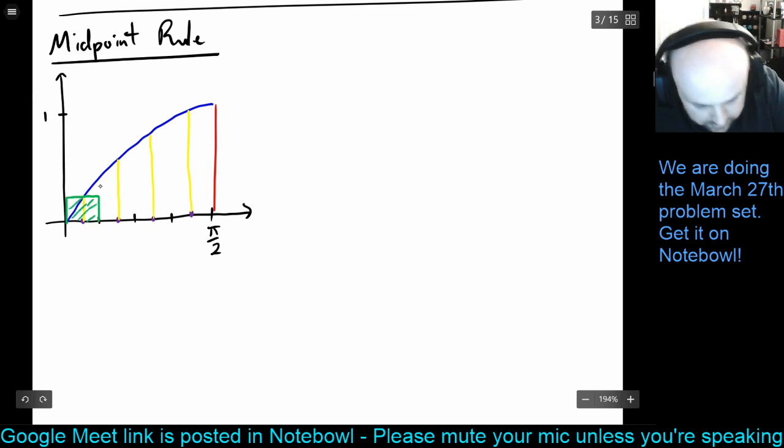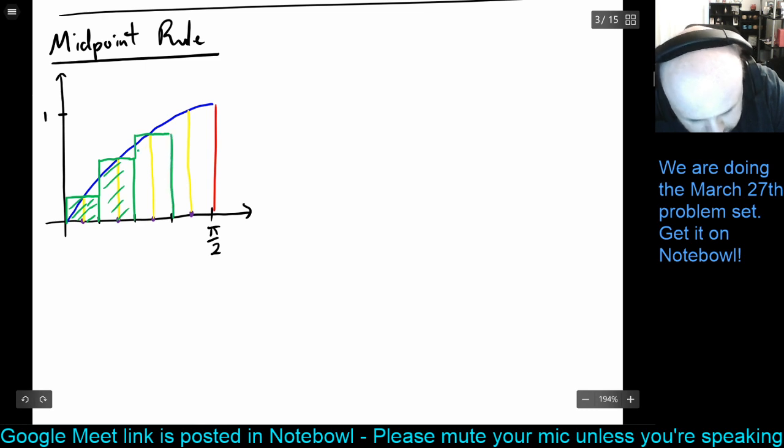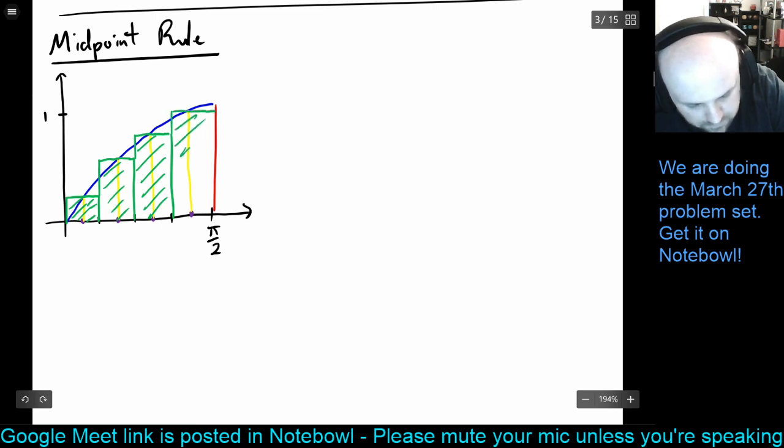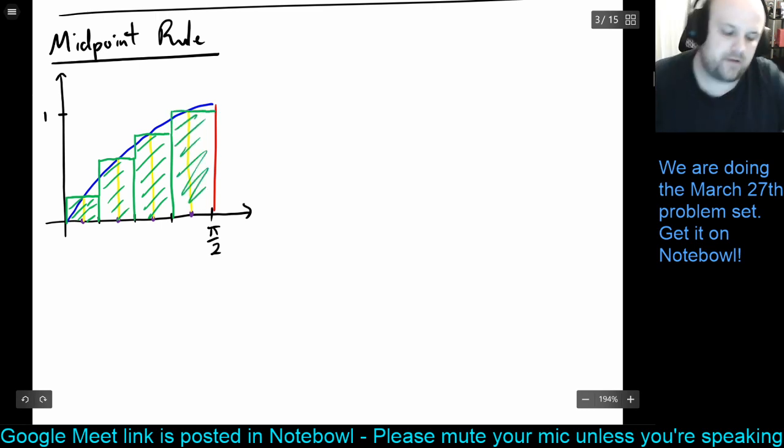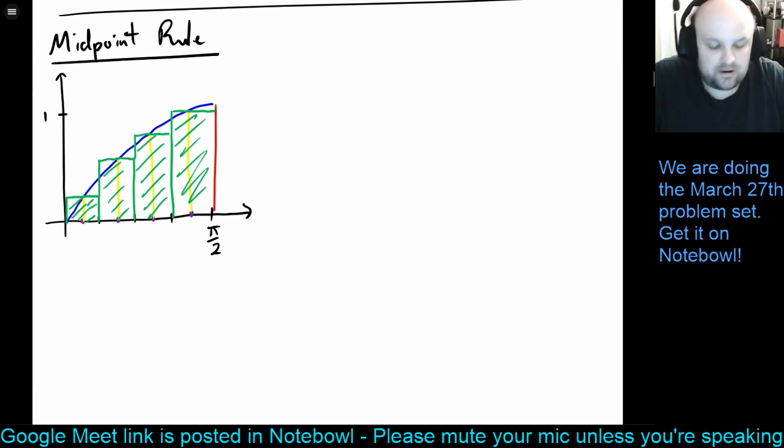Here's the second rectangle, draw up to the third spot, here's our third rectangle, and draw up to the fourth one. So those are our 4 rectangles in this case.